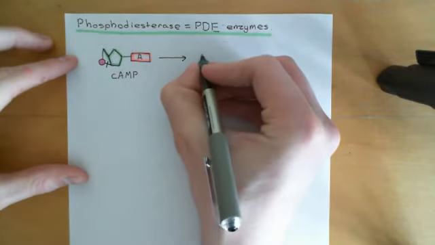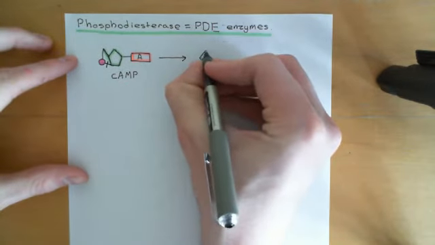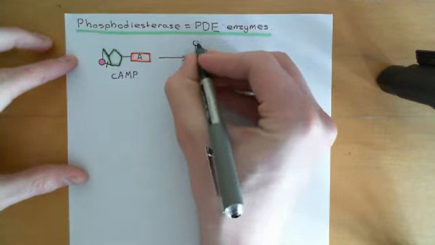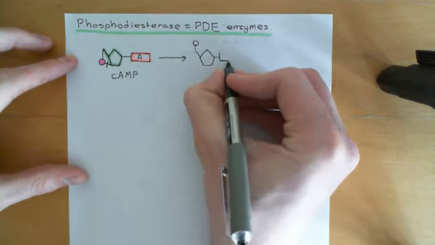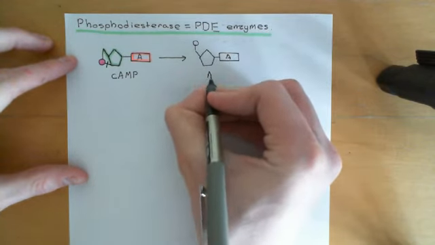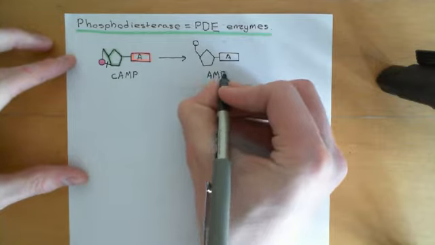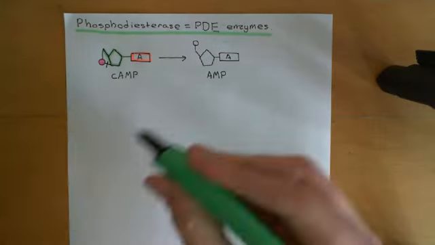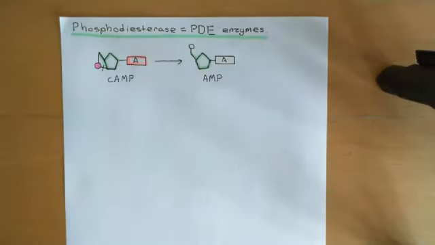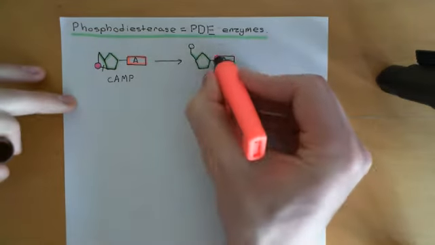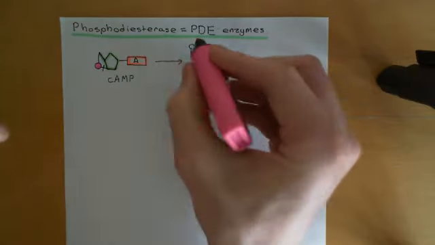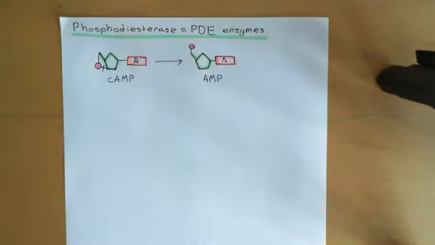And what that's going to create us is just ribose here with a single phosphate group attached to the 5th carbon, and then of course the adenine bound to the 1st carbon. And this then is just adenosine monophosphate, or AMP. So let me colour this in. Here is our ribose sugar in green, here's our adenine organic base in red, and here is our phosphate group coming off the 5th carbon.